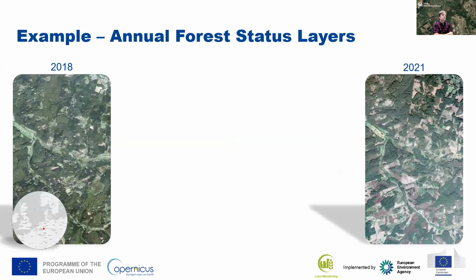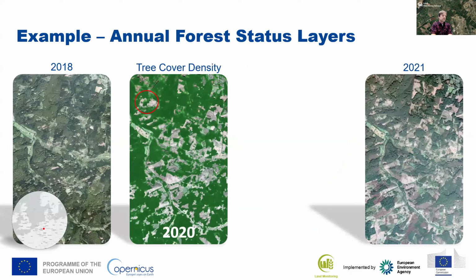Then a second example would be the annual forest status layers. Here we can see a VHR image on the left side for 2018 and on the right side in 2021, showing forest stands in Western Germany, mixed forest stands with broadleaf and coniferous cover.